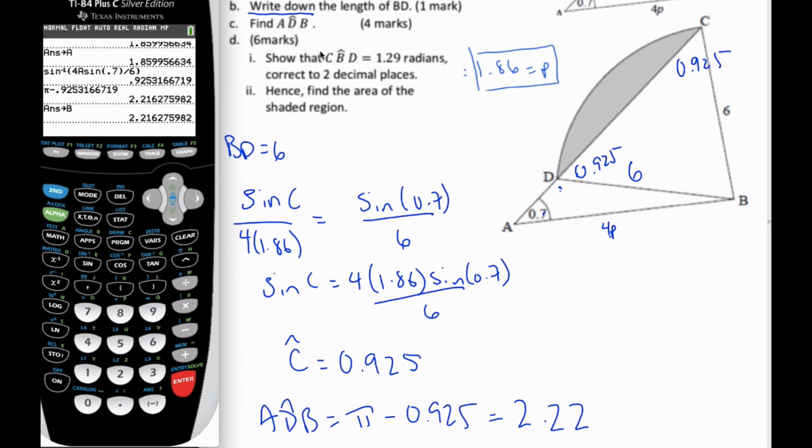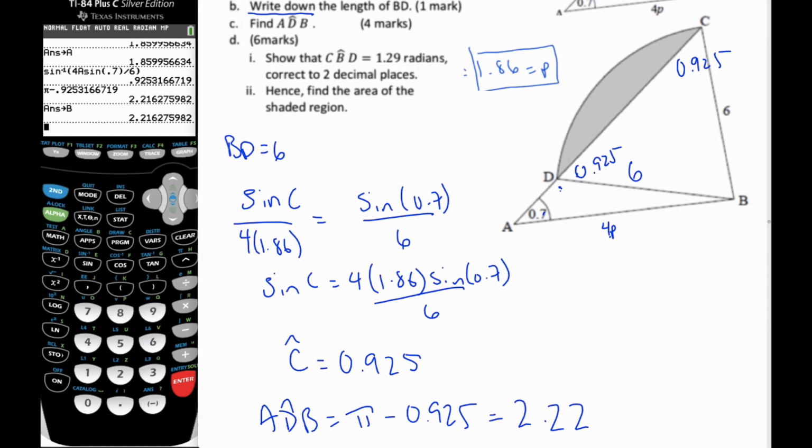I need to show that CBD is 1.29 radians. Well, I have myself a triangle here. And in this triangle, I know that the angles have to add up to 180 degrees, which is pi.